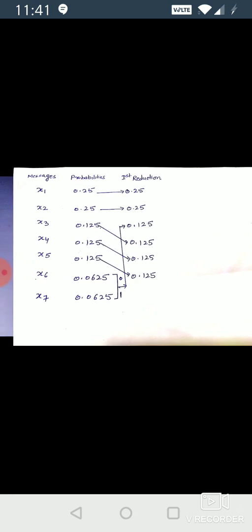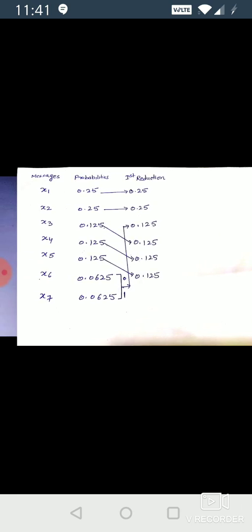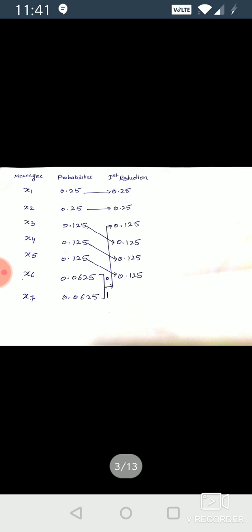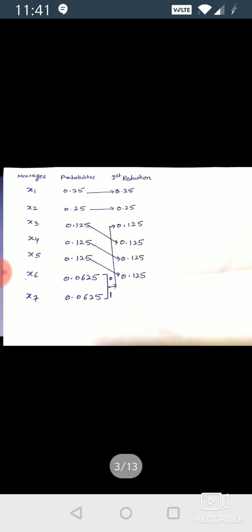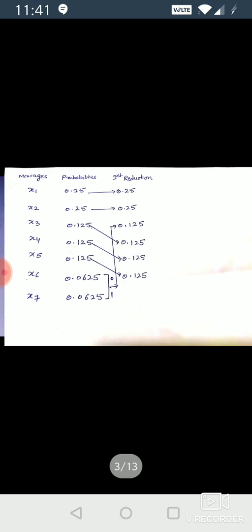In the first reduction, first of all we arrange the messages in descending order, and here the messages are arranged x1, x2, x3, x4, x5, x6, x7 with probabilities 0.25, 0.25, 0.125, 0.125, 0.125, 0.0625, 0.0625.